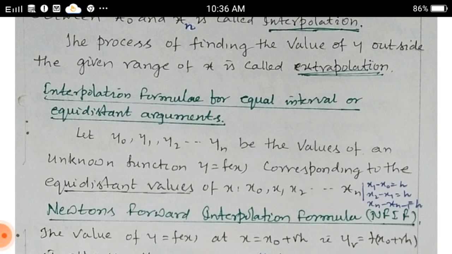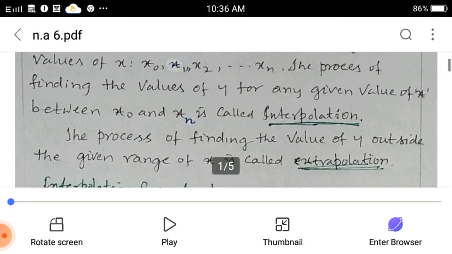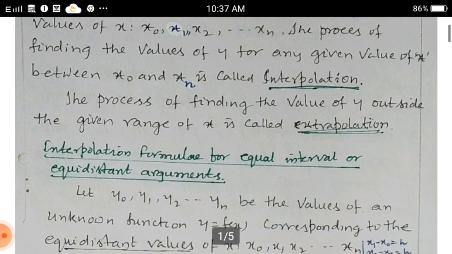The process of finding the values of y for any given value of x between x0 and xn is called interpolation. The process of finding the value of y outside the given range of x is called extrapolation.